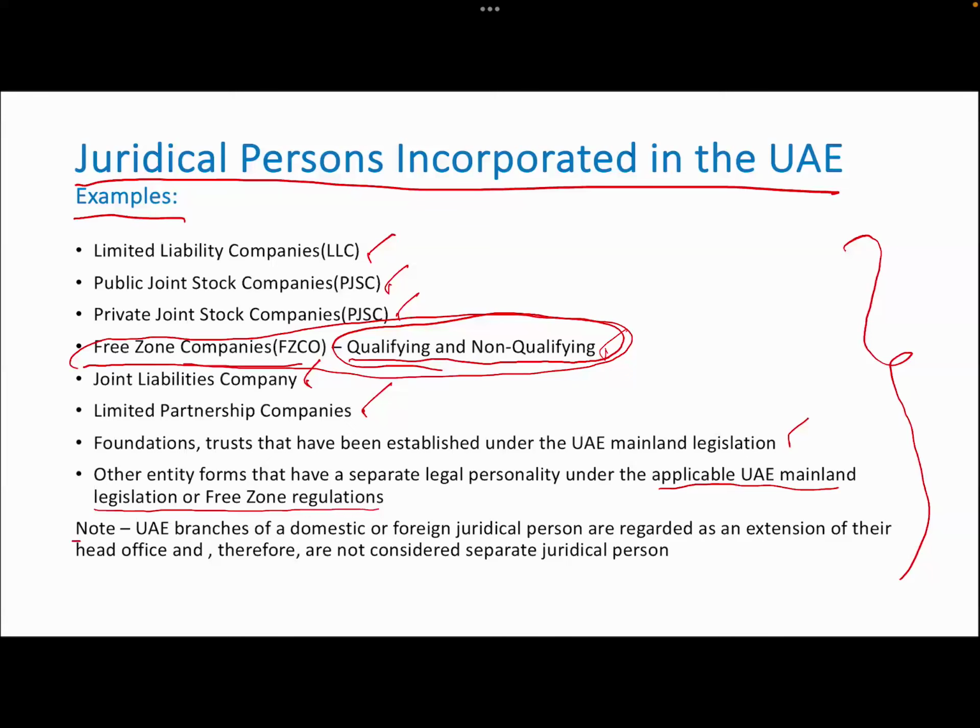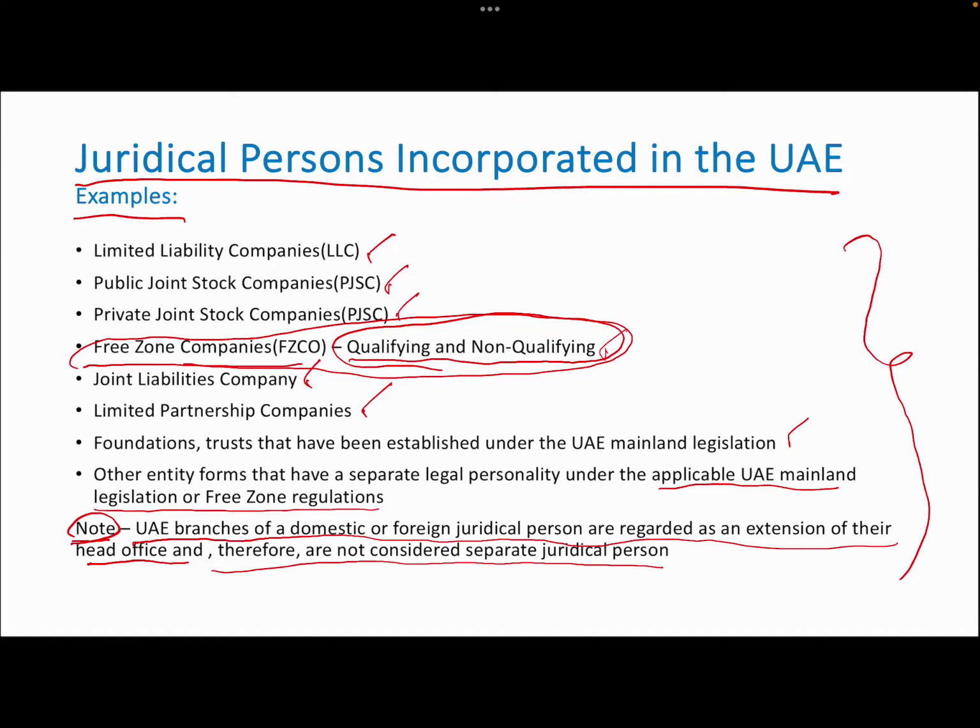Now, a very important note: UAE branches of a domestic or foreign juridical person are regarded as an extension of their head office and are therefore not considered separate juridical persons. So that means your branches in the UAE. For example, you have a head office, and your head office has a lot of branches.